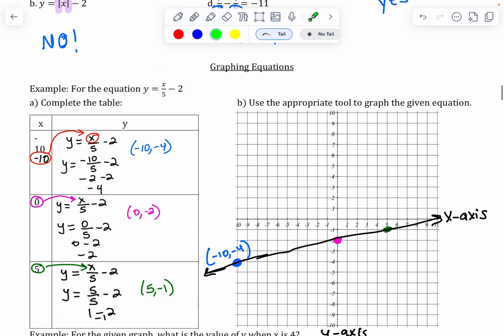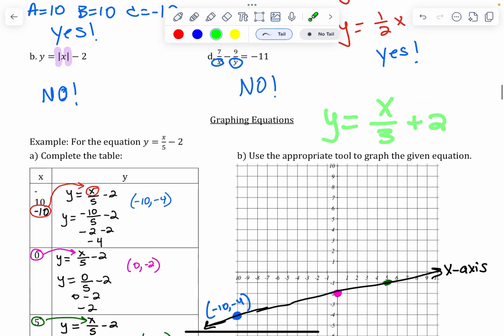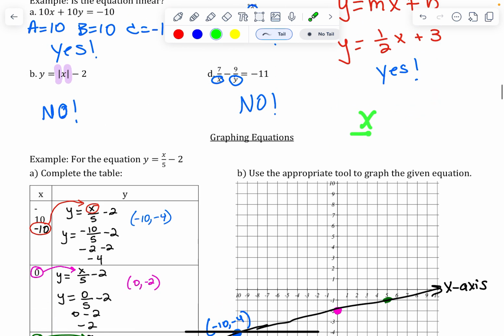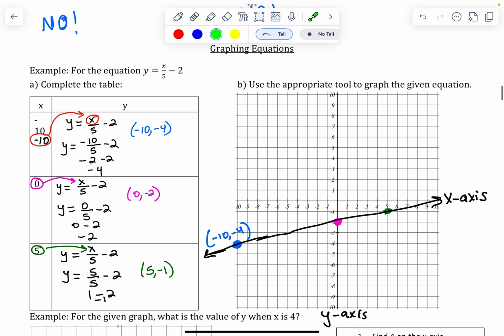So if we had a problem that was x over 3, then we might want to plug in things that are divisible by 3. So we could plug in a 3, we could plug in a 0, we could plug in a negative 6, and then we wouldn't have to deal with fractions for that one either.